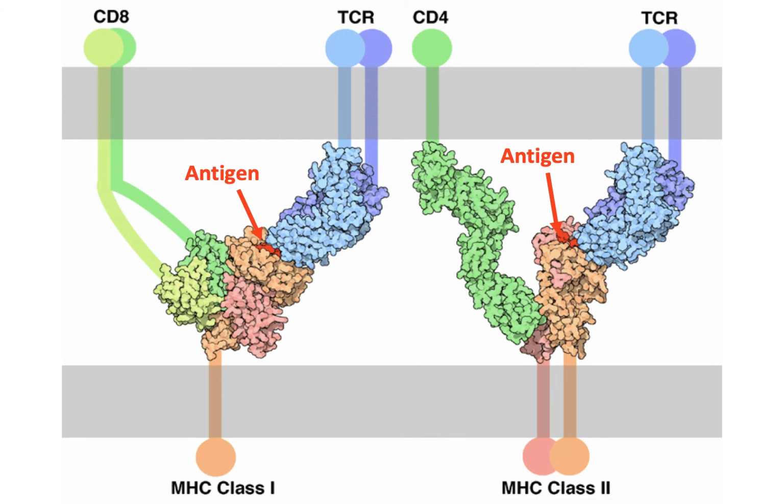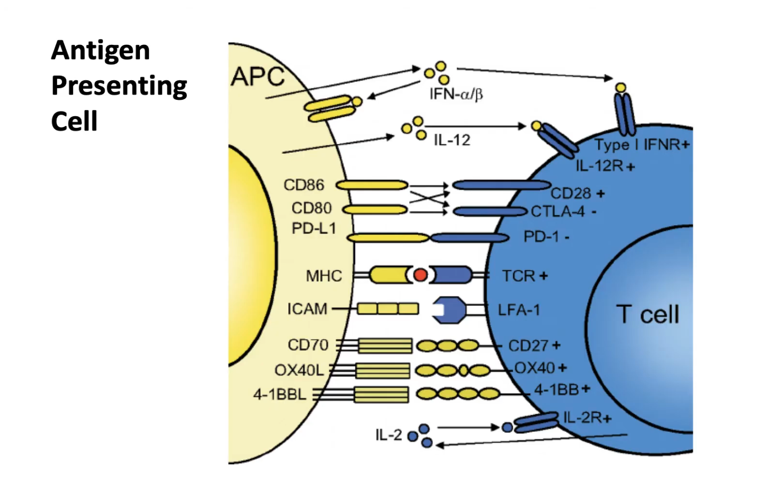Anyway, once these finally join up together, that will signal the T cell to react in some way to change its level of expression of certain products, become differentiated into one of the several types of T cells, and then start functioning to produce other types of cytokines to react specifically to that antigen.